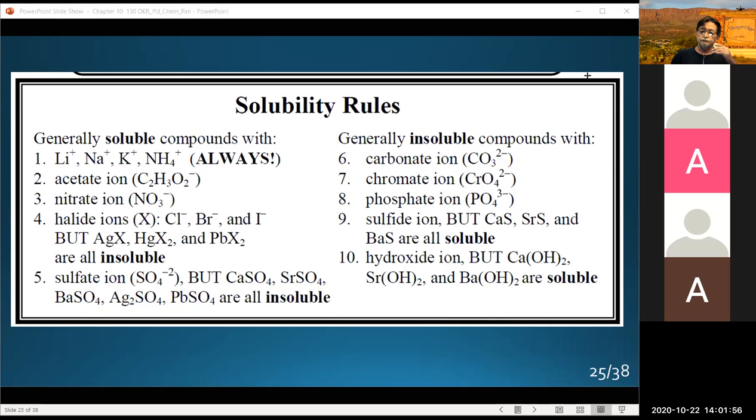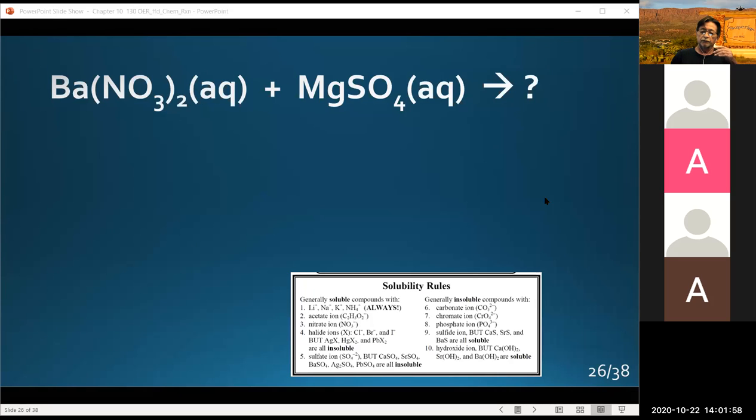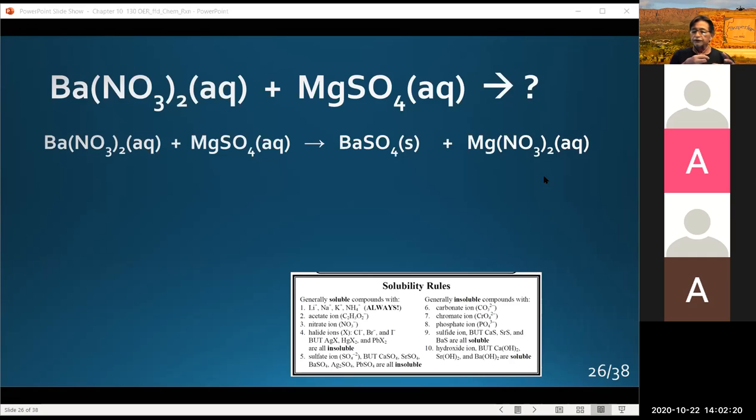So let us go through a couple examples. All right. So we have here barium nitrate and magnesium sulfate. We have 2 soluble salts, 2 different metals, barium and magnesium. One's a nitrate, one's a sulfate. Basically we exchange the partners and we end up with barium sulfate and magnesium nitrate.